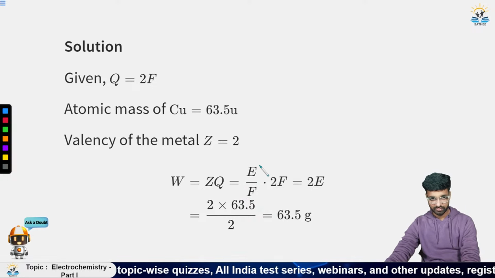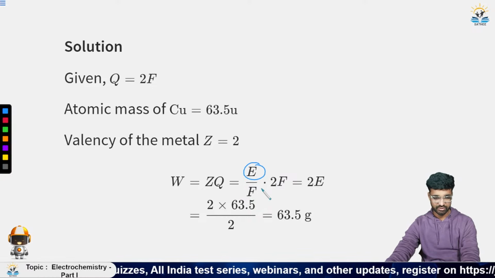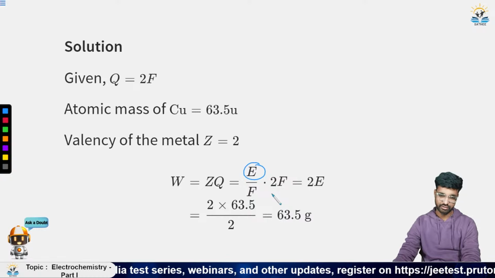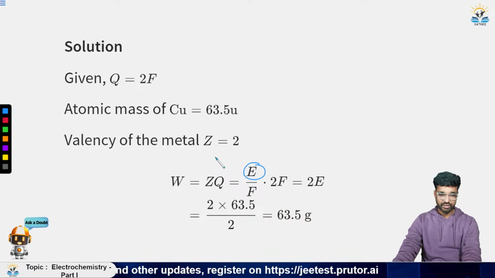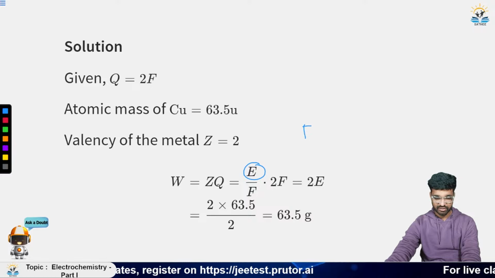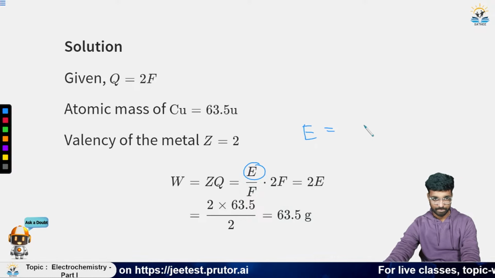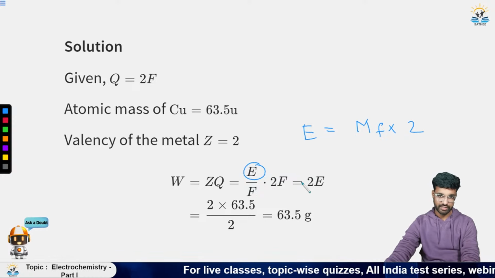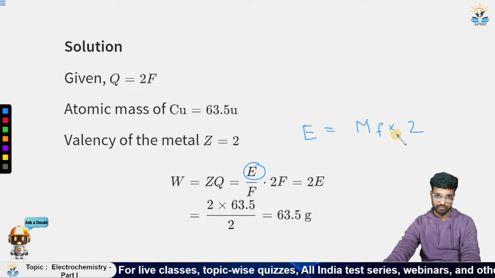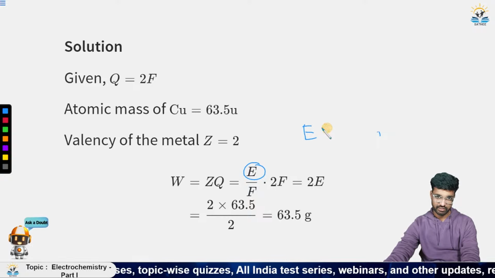So we will do it like this: 63.5 by 2, into 2. You can see here that the equivalent weight is given as molar mass divided by n factor.